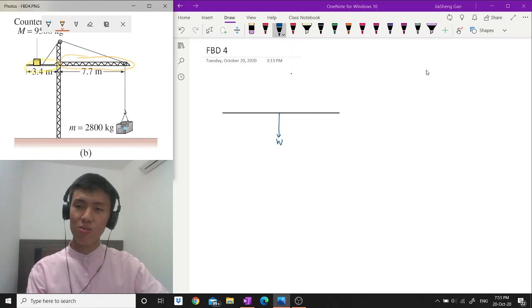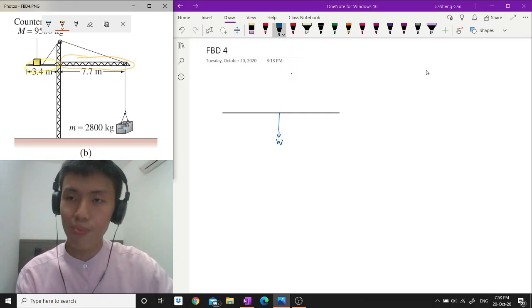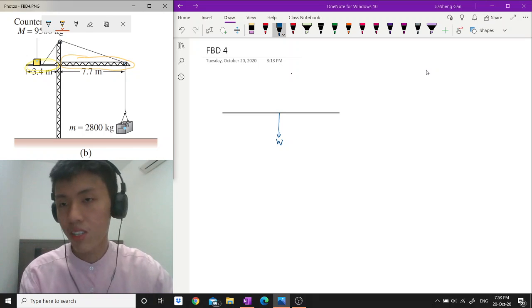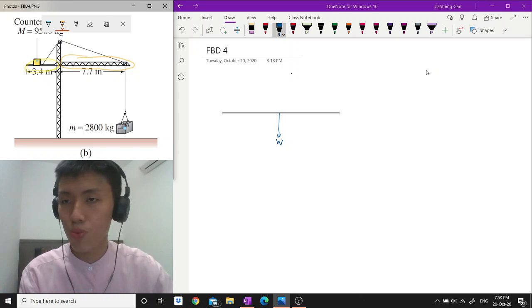So it's actually not very good to assume that it's a uniform rigid body. But never mind, our purpose is just to know how to draw a free body diagram. Don't care too much about the details. So after drawing the mass, yes, this bar has mass, so it has weight.